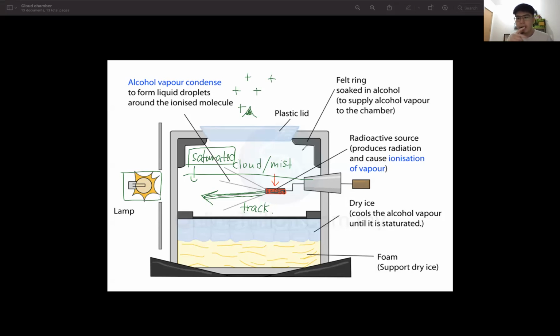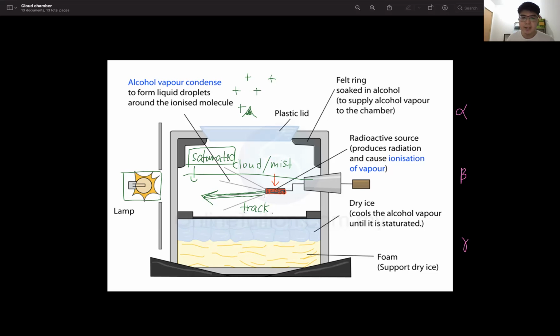Now, how do you determine whether it is alpha, beta, or gamma? That's the question. If it's an alpha particle, recall that alpha particles have the highest ionizing power, correct? It's the highest ionizing power, followed by beta and followed by gamma.